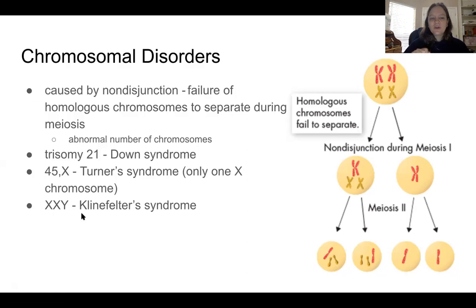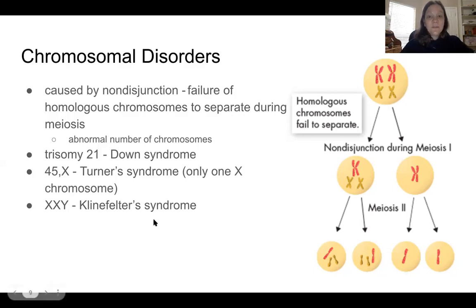I don't remember that one for sure. Your book gives a little bit better description of some of their symptoms. I can't remember them off the top of my head, and I don't have your book handy. So chromosomal disorders tend to be kind of bad news.